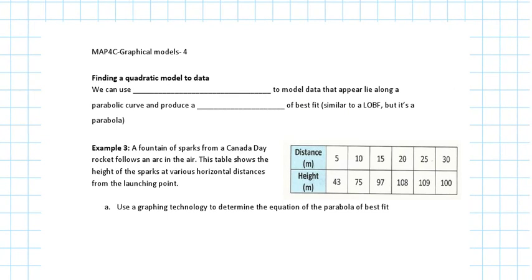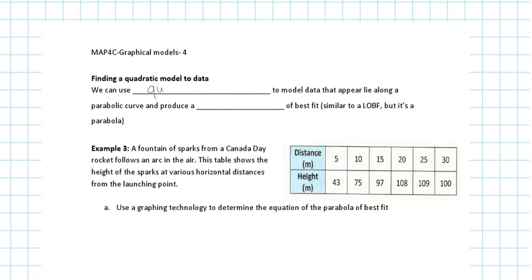So we can use what we call quadratic regression, to model data that appears to lie along a parabolic curve and produce a curve of best fit.